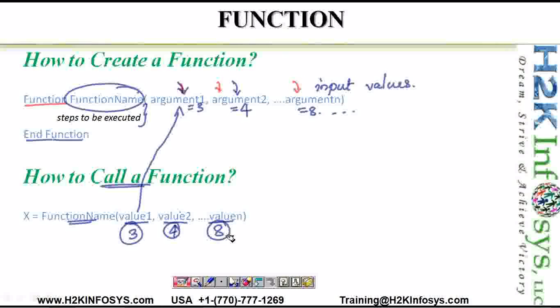So in the same sequence, the values are passed over here as the input values to the function. So you need to take care of the sequence of the values in which you are entering the input values. And in order to get the result, we need to mention a variable over here which is going to collect the result of the function. So this is how you need to create and call the function.